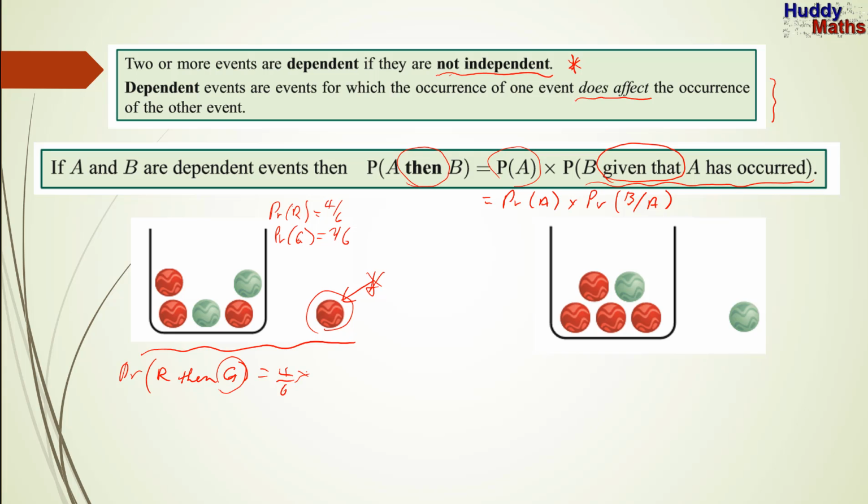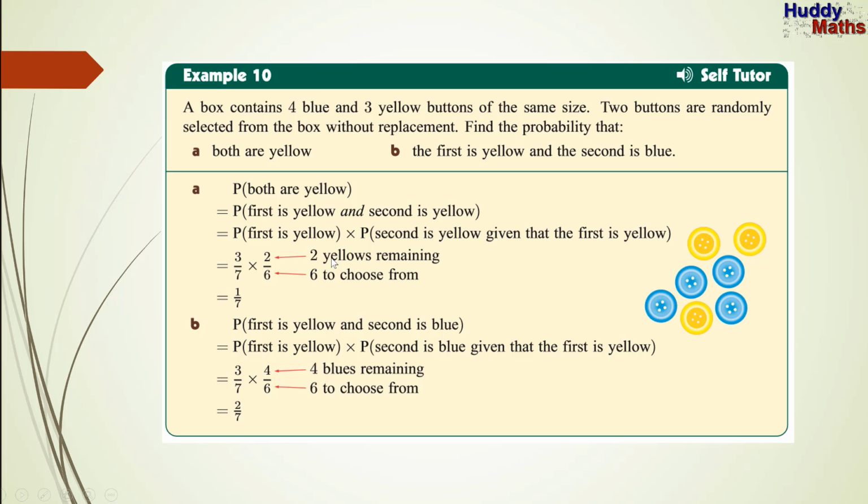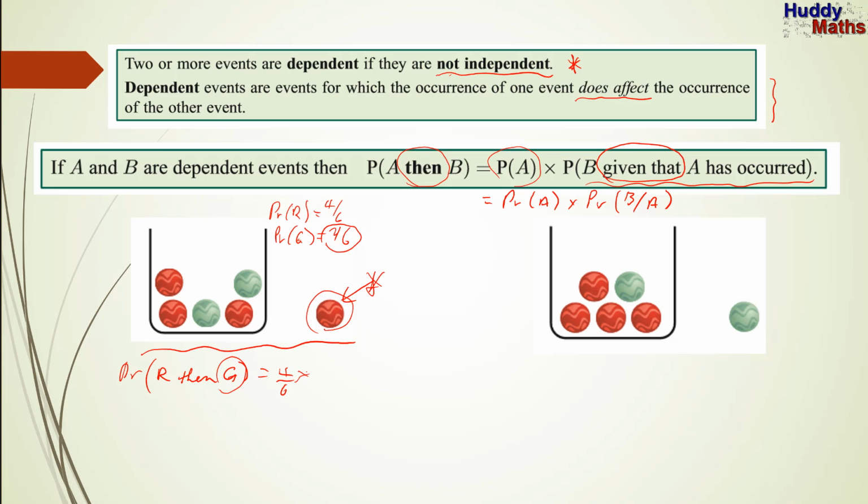We want red and green. It isn't 2 out of 6 anymore, is it? So we have to adjust it, because it's now 2 out of 5. Can you see that? This is the probability of a red times the probability of an adjusted green, green given that red had occurred. We are doing dependent events, so we've got to put that probability in, given that.